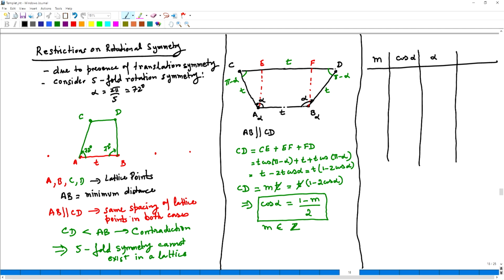We can take for m negative numbers as well as positive numbers.